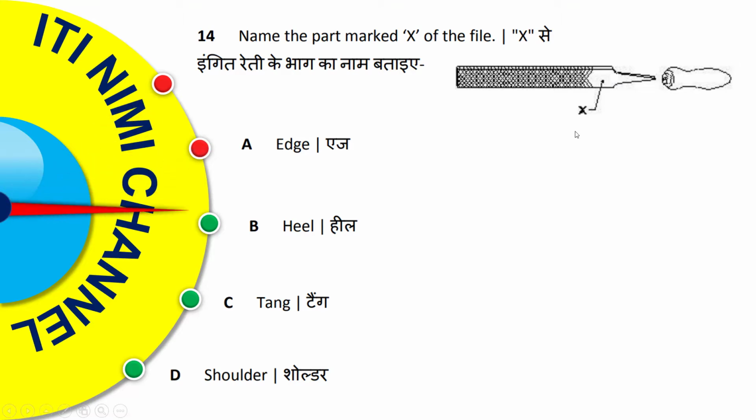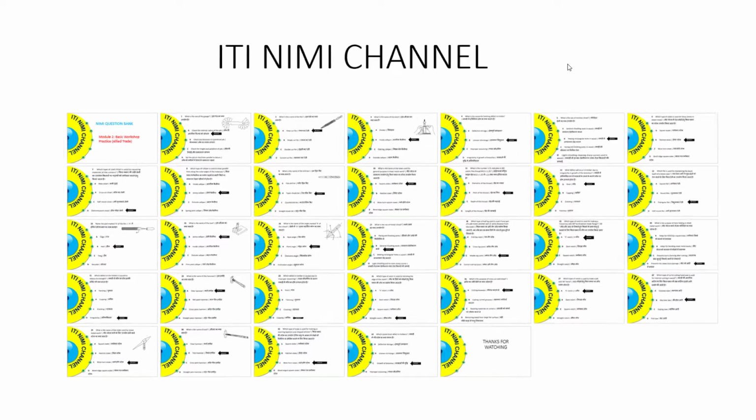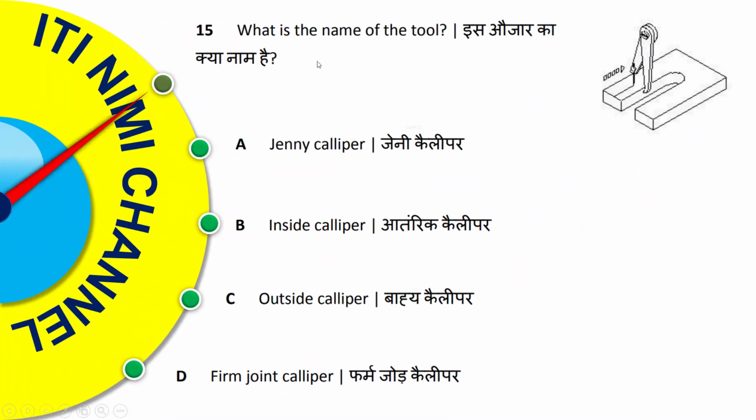Edge, heel, tang, shoulder. The answer is heel. What is the name of the tool? You have to tell what is the name of this tool. Jenny caliper, inside caliper, outside caliper, firm joint caliper. The answer is Jenny caliper.